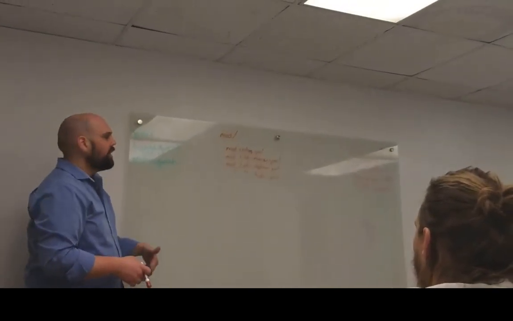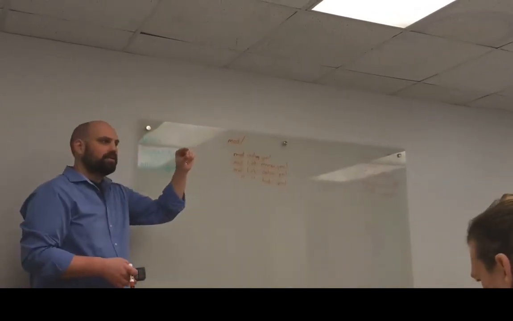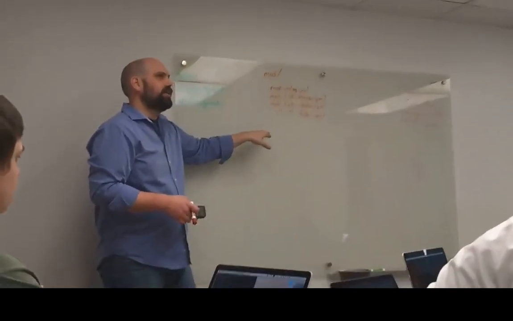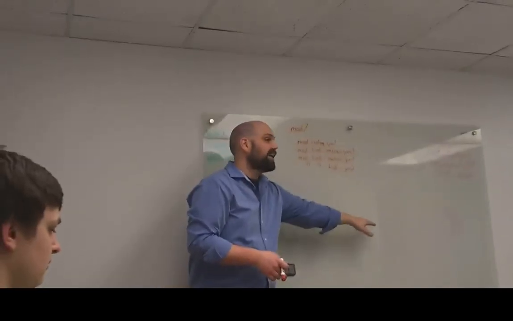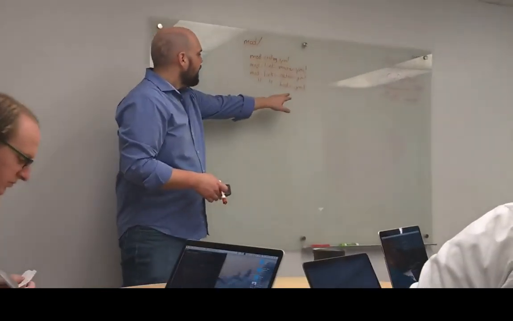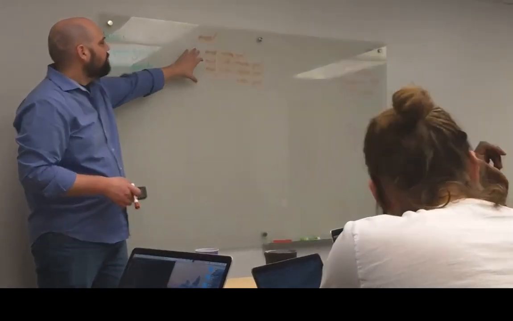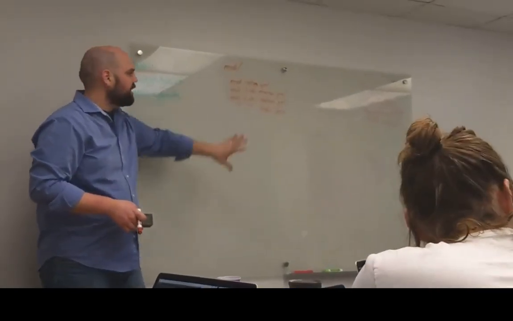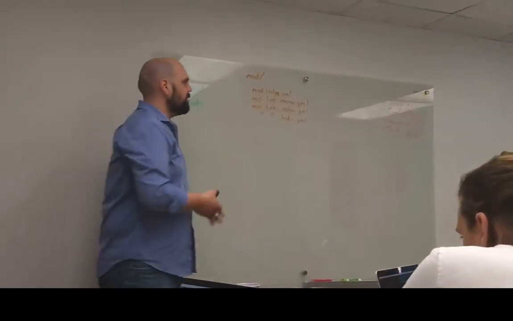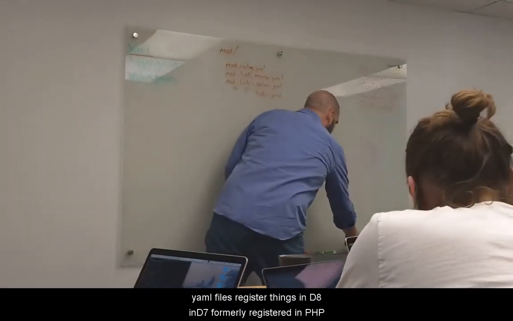For example, for a tab in Drupal 7, you set the type of that hook menu item to menu default local task or menu local task. So basically all of hook menu got broken into these things. A lot of the things you used to register in PHP are now registered in YAML files. But now we got to get to annotations.